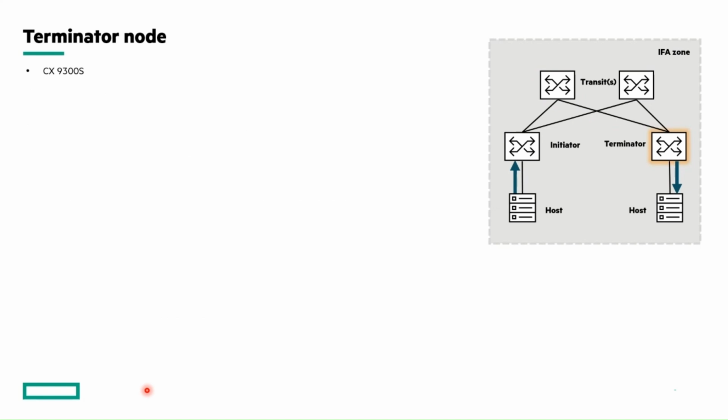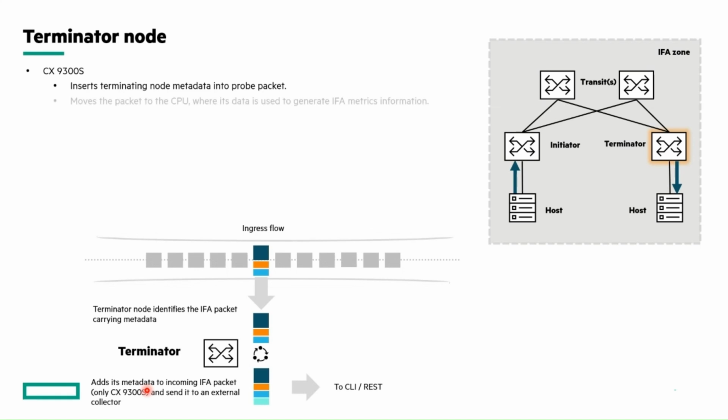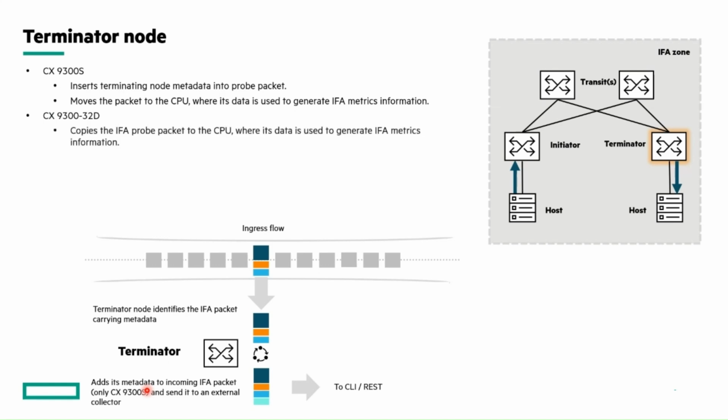Coming to the terminator node, which in the case of CX 9300S, inserts its terminating node metadata into the probe packet and then moves the packet to the CPU, where its data is used to generate IFA metrics information. Now this is very important because the behavior as a terminator for 9300S and 9332D is a bit different.